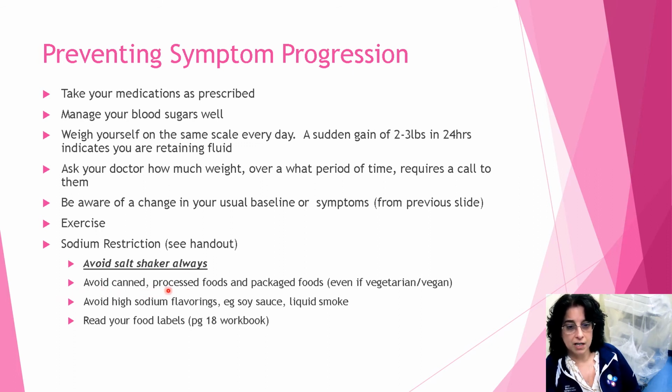Secondly, avoid canned, processed, packaged foods, even if they're vegetarian or vegan. Anything that's processed or packaged is naturally going to have more sodium in it because it's a preservative.